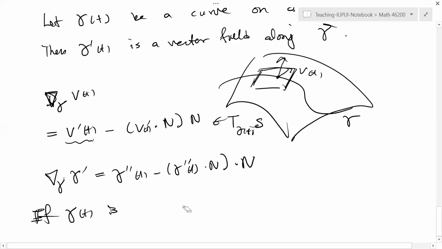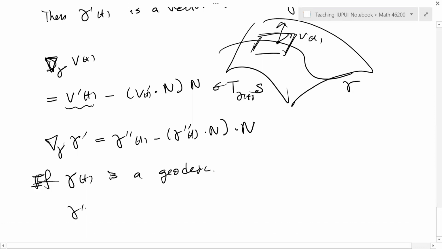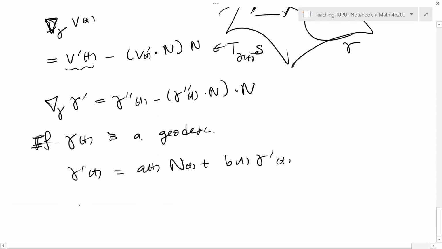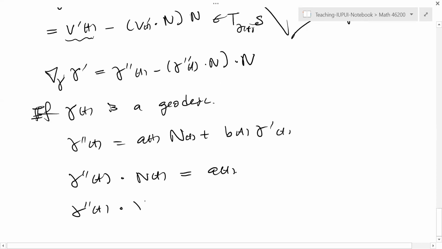The covariant derivative. So that means gamma double prime(t) is going to be A(t) n(t) plus B(t) gamma prime(t), along the geodesic. So from here you can tell that A is just the projection, so that's going to be A(t) equals gamma double prime dot n.